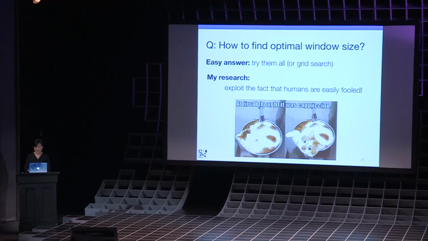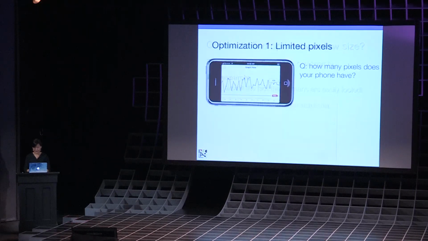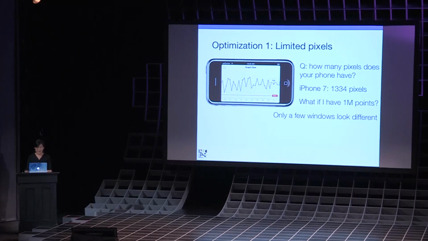So the first optimization we made is that eventually you're going to see your time series on some kind of end device. For example, if you use an iPhone, how many pixels does your iPhone have? It turns out the iPhone 7 has 1,300 pixels. What if I want to plot 1,000,000 points on my iPhone 7?